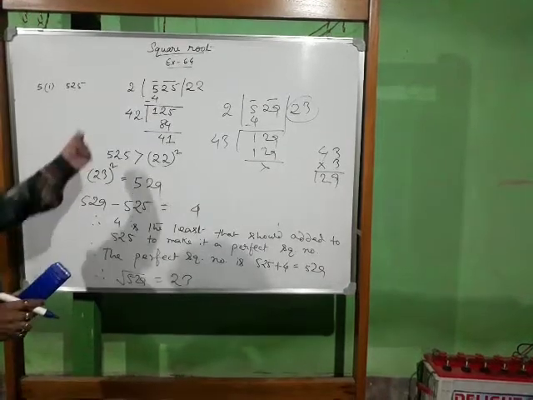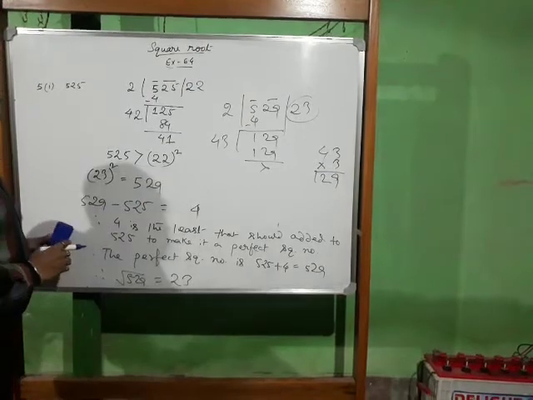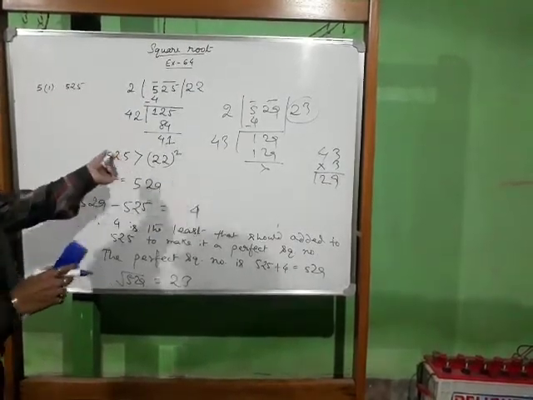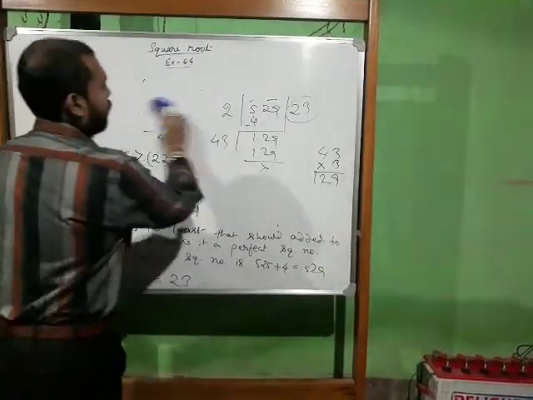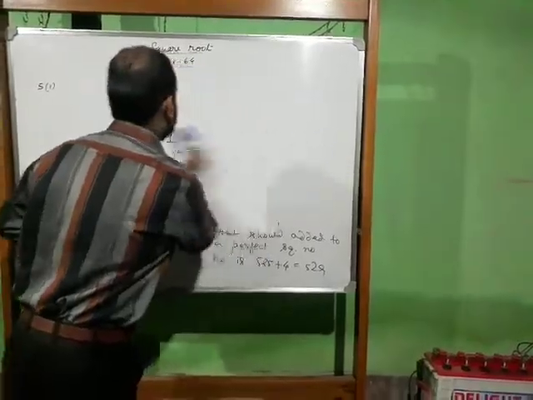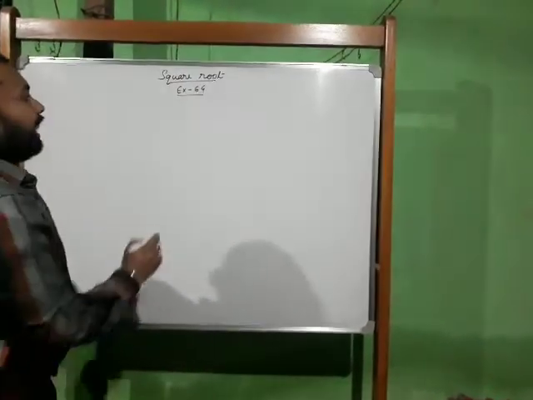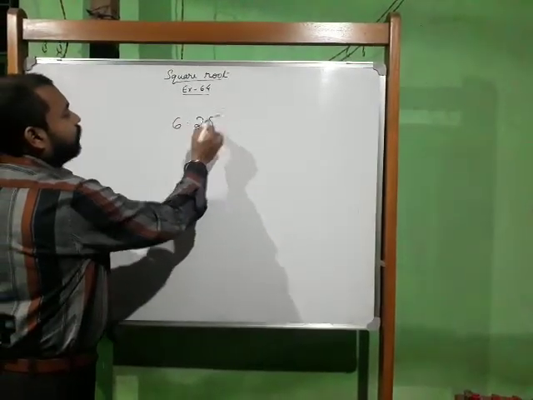Now let us take an example of a perfect square number which has a decimal. How can we find the square root of that perfect square number? Let us take an example, 6.25.